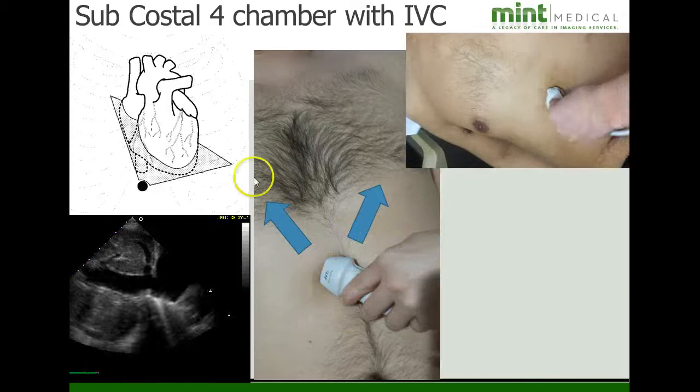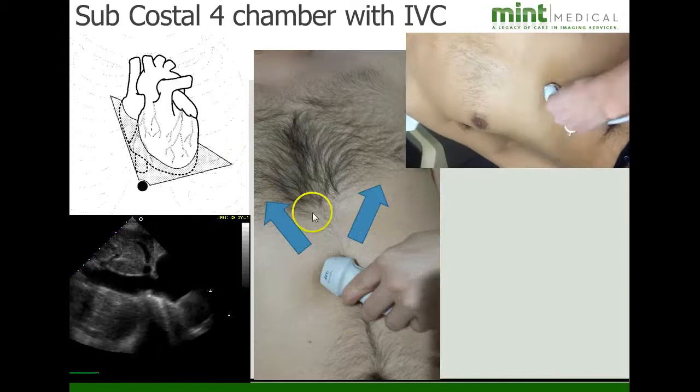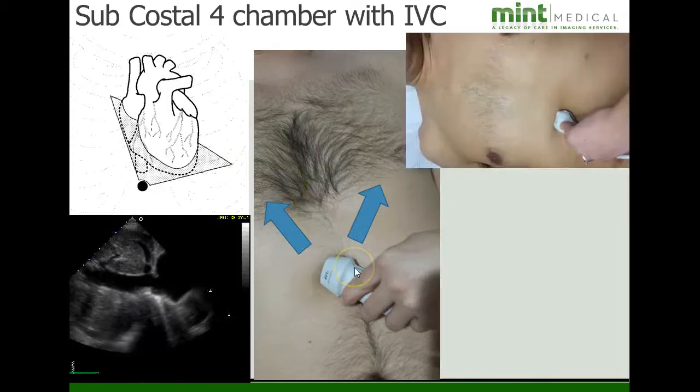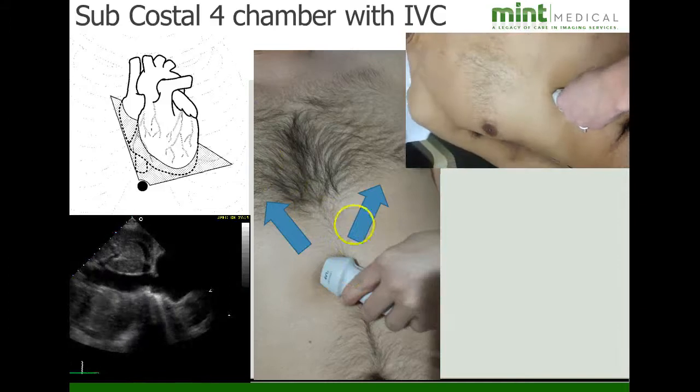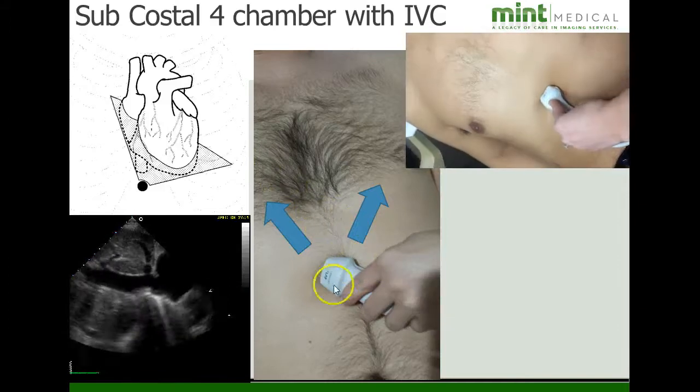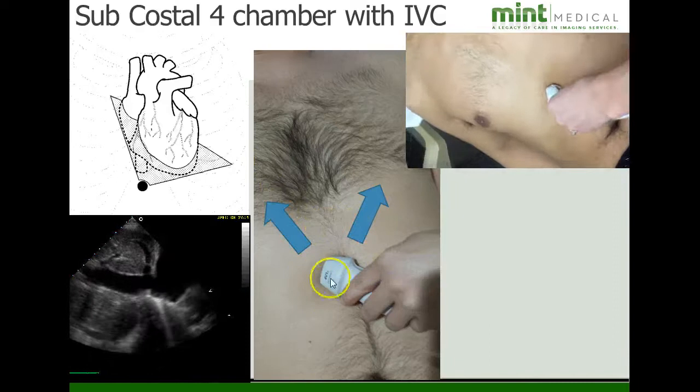You're going to angle it towards the patient's right shoulder, but you're going to counterclock your transducer probably about 5 to 10 degrees. And that's going to basically visualize or focus on the inferior vena cava coming up.